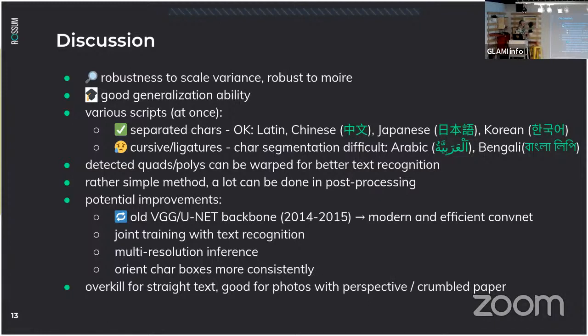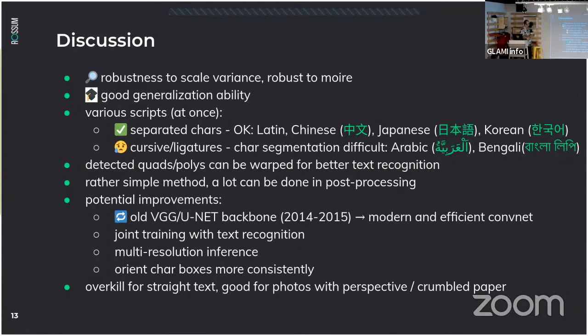And it seems that I tried on one document with Moire, like a photo of a screen of a computer, and it was able to find the text as well, even though they did not say that there were augmentations with Moire. And it seems that it generalizes quite well on unseen data sets, and it was trained on different scripts at once.